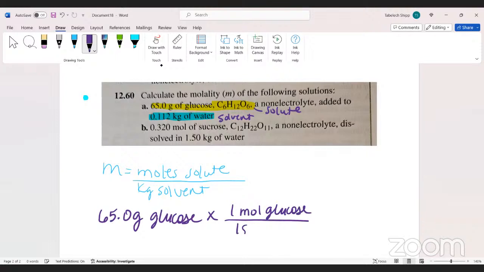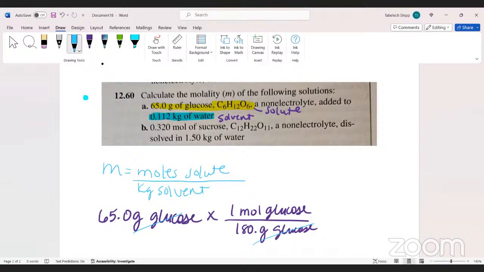And remember, we used the number before, the 180. If you recall, we already found the molar mass of glucose, which is 180. So we're going to put that on the very bottom, and we're going to cancel out our like terms. Get rid of your grams of glucose.